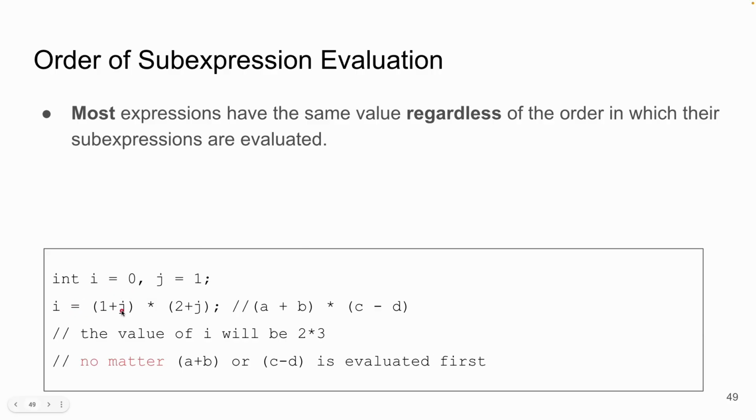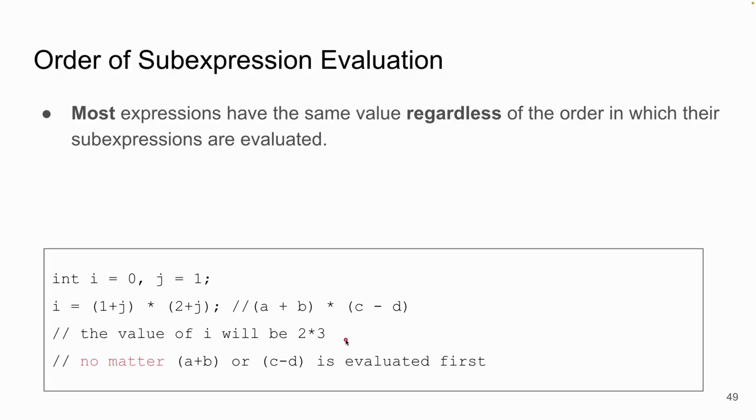In this example, we have an expression like this, and we store the result of this expression back to i. This expression has the same format as the expression we saw in the previous slides. And you can see no matter whether the first sub-expression is evaluated first or not, the output value will still be 2 multiplied by 3.